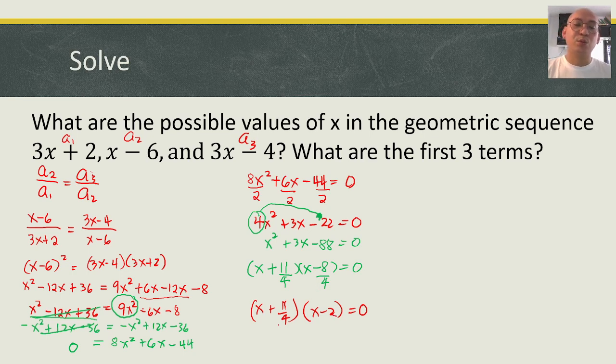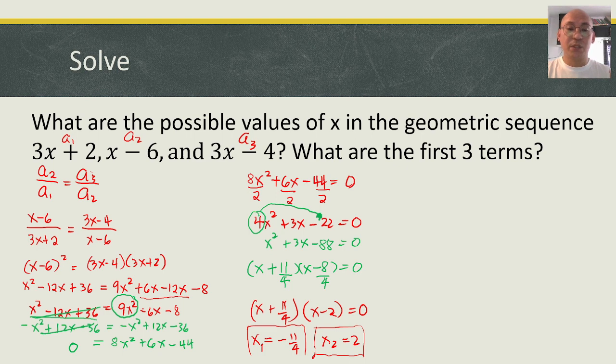So what are now the two values? The first value is negative 11 over 4. The second value is positive 2, by equating both to 0. So we have now these two values of x. But we need to answer the second question. What are the first three terms?